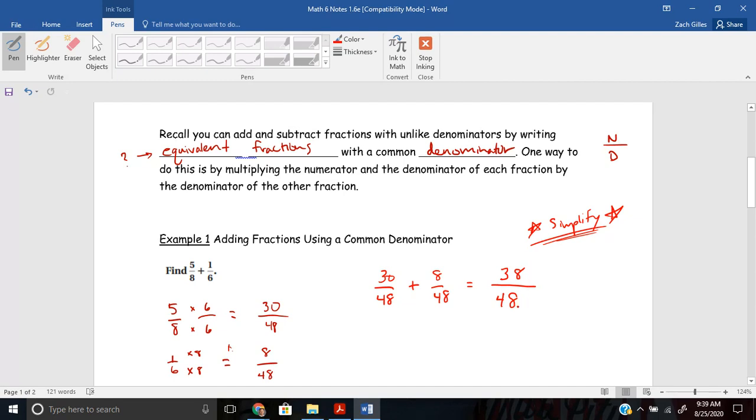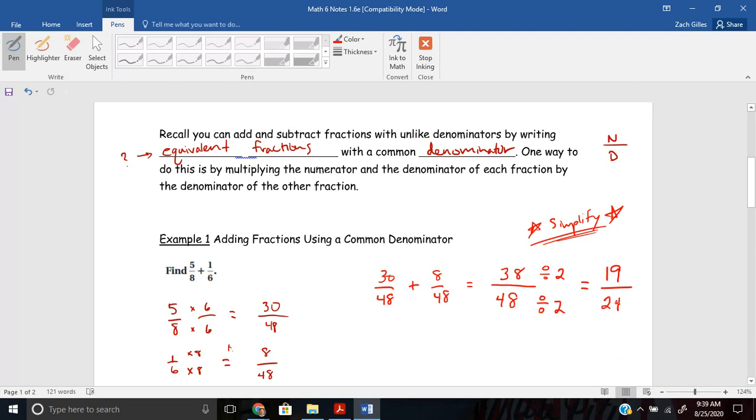Well, I see that both of these are even numbers. They both end in 8. So I should be able to divide each of them by 2 if they're even numbers. All even numbers are divisible by 2. Okay. 38 divided by 2 would give me 19, and 48 divided by 2 would give me 24.